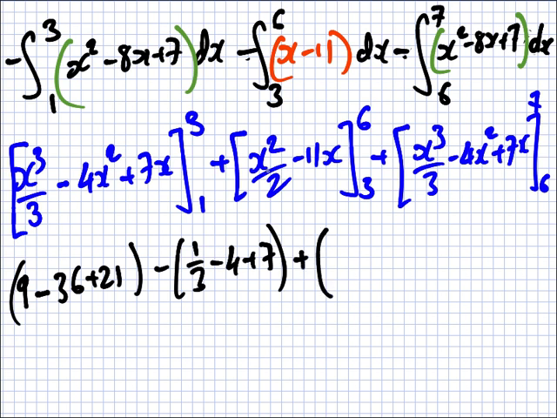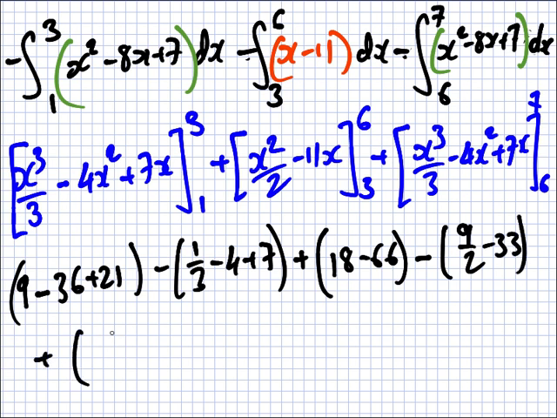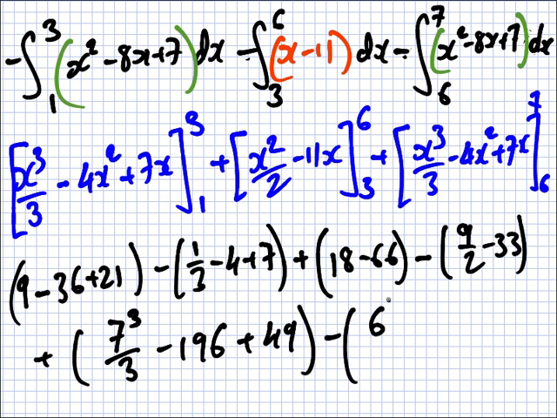Plus 36 over 2 is 18 minus 66, minus 9 over 2 minus 33, plus whatever 7 cubed over 3 is, minus 4 times 49, which is 196, plus 49, minus 6 cubed over 3, minus 4 times 36 plus 42.